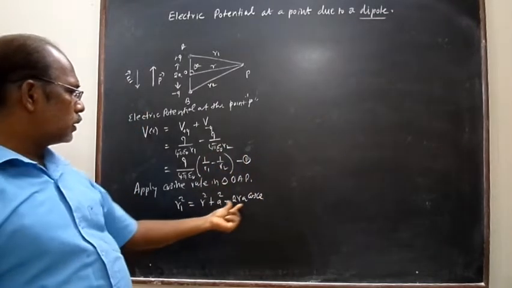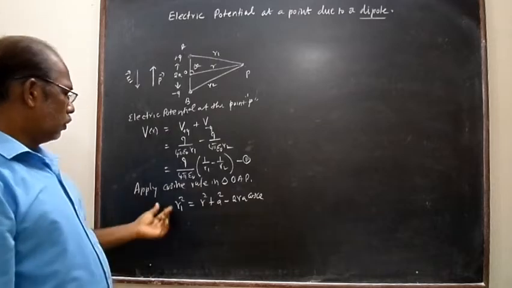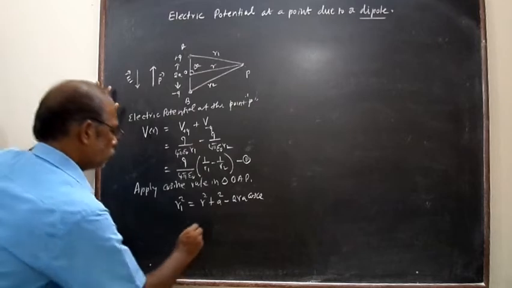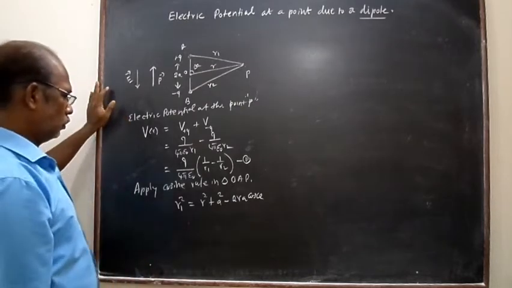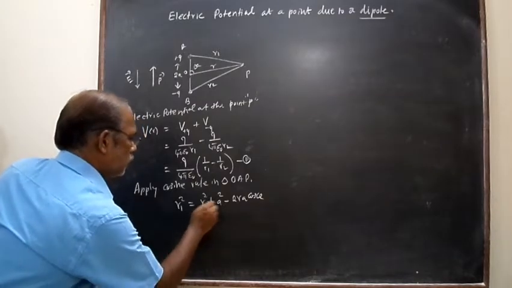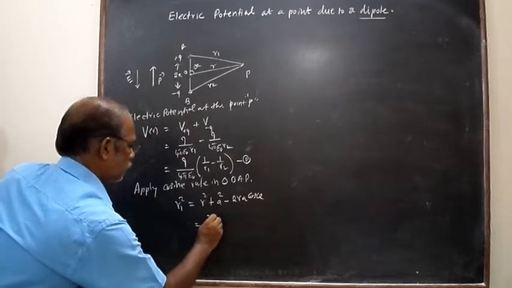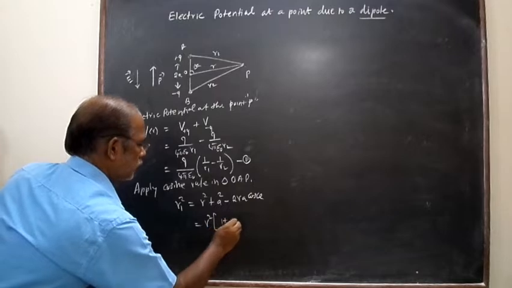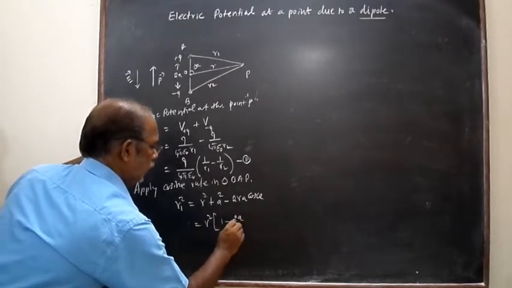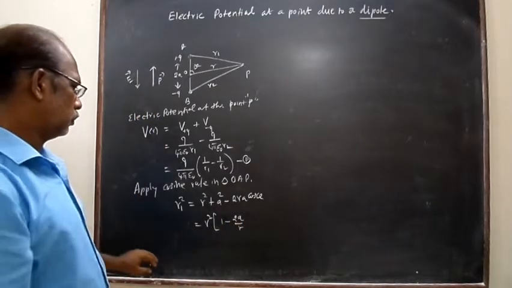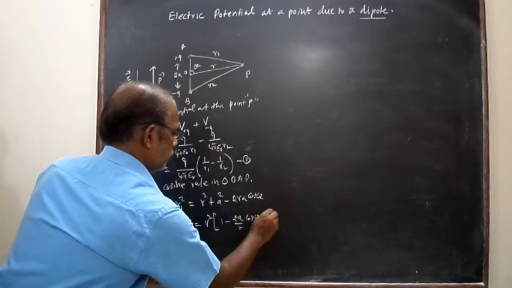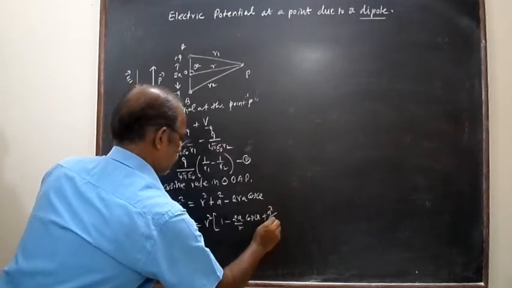Okay, this is known as the cosine rule with respect to any kind of triangle. Now we can take R square as a common factor: R square into 1 minus 2 A by R cos theta plus A square by R square.